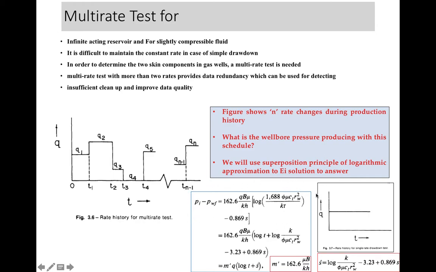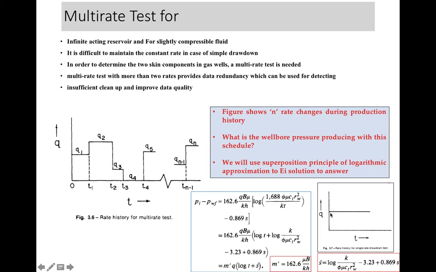If you go on simplifying this equation, you have this simple function: Pi minus Pwf is equal to m dash q log t plus s bar. Here the s bar is the quantity shown in the right hand corner.